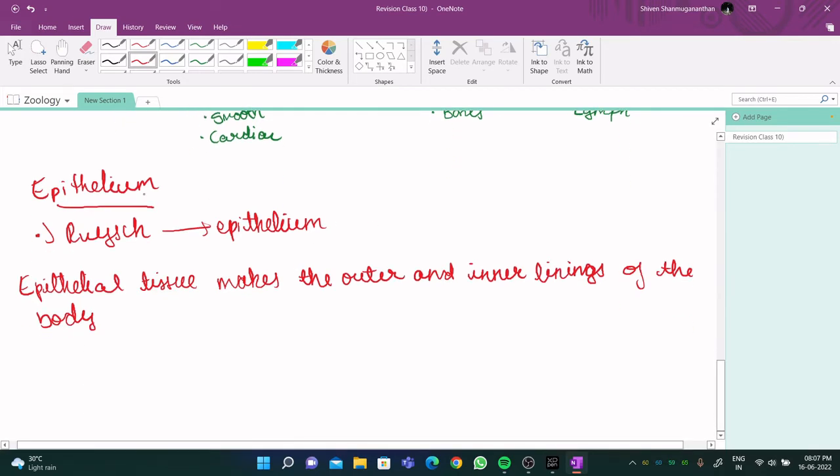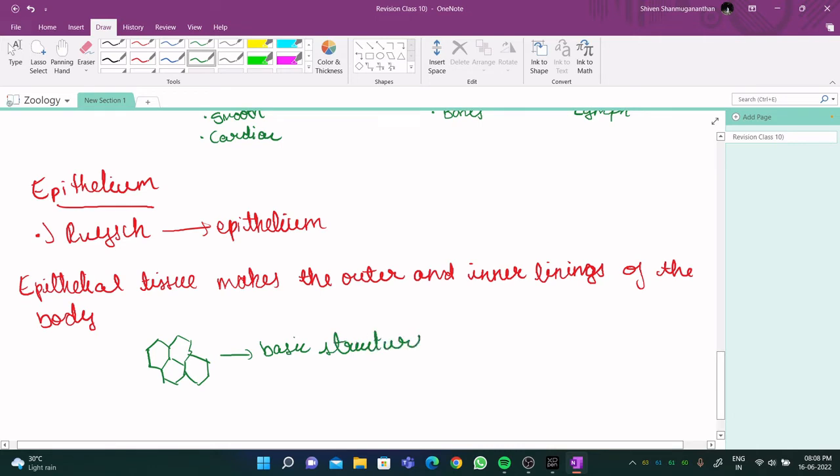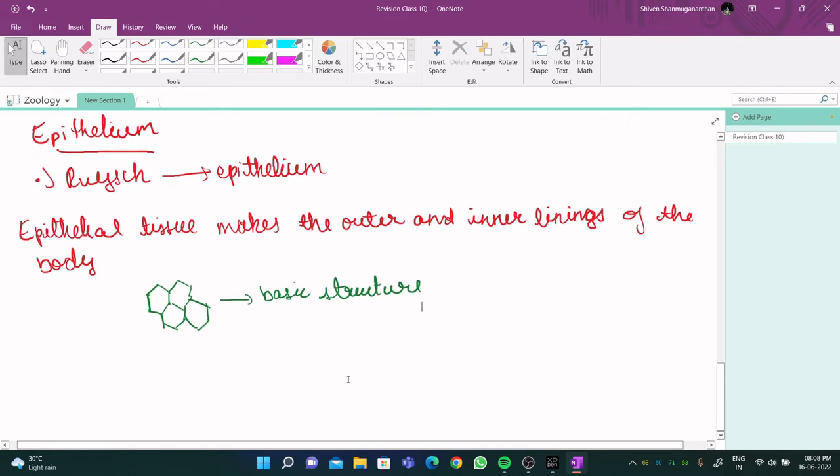Now, epithelial tissues are very tightly packed together. They are packed together like this. This is their basic structure from a two-dimensional point of view, like the pattern of packing.